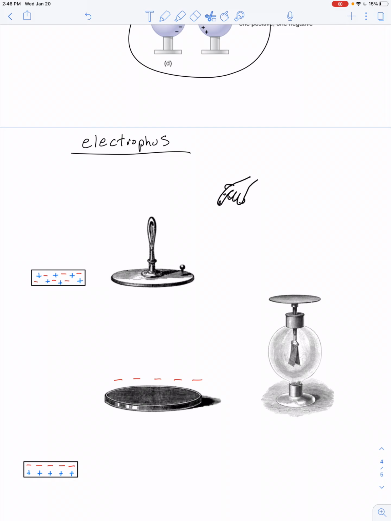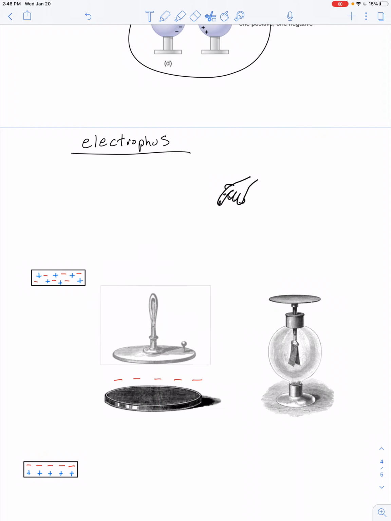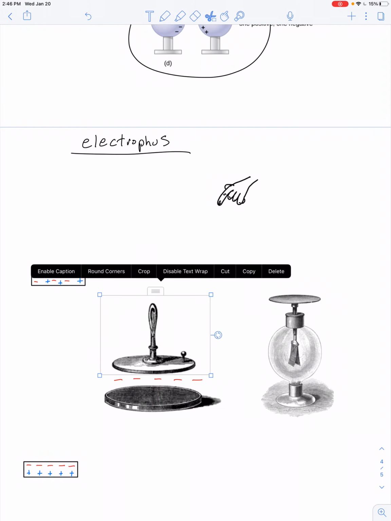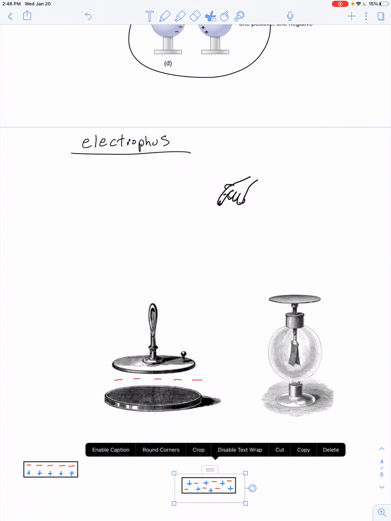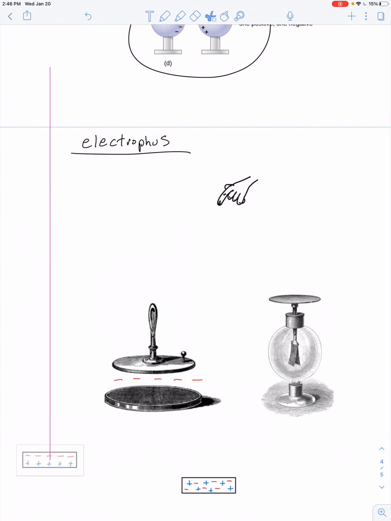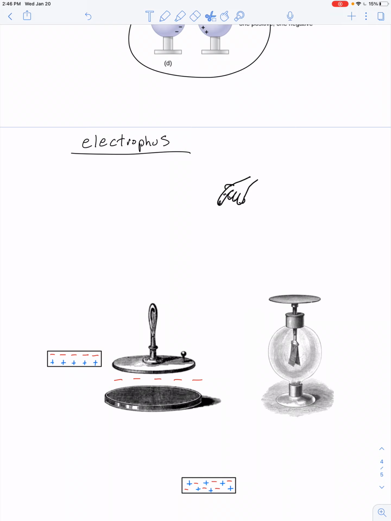So we grab hold of the handle and move the metal plate close to this base, and then this changes. No longer are the positive and negative charges randomly distributed. The electrons will want to move to the upper surface, leaving you with positive charge on the bottom surface of the plate.